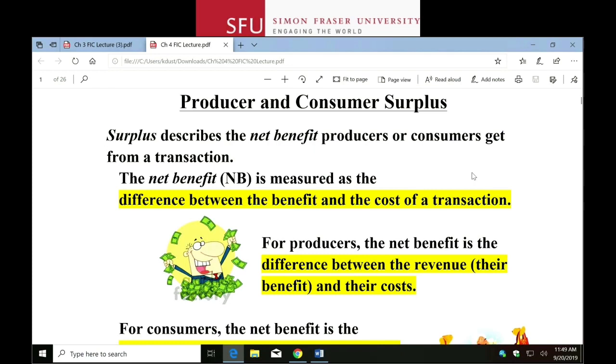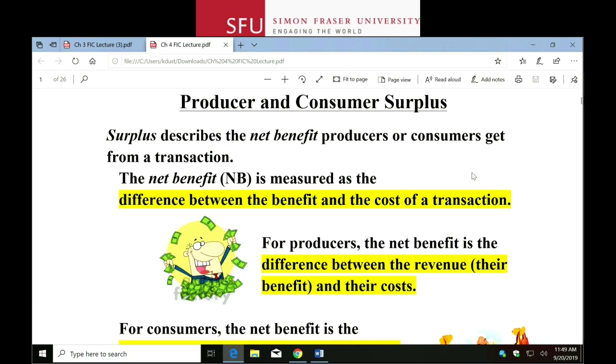So for producers, the net benefit is the difference between their revenue, what they get paid, and their costs. So producers become better off because they make a profit.